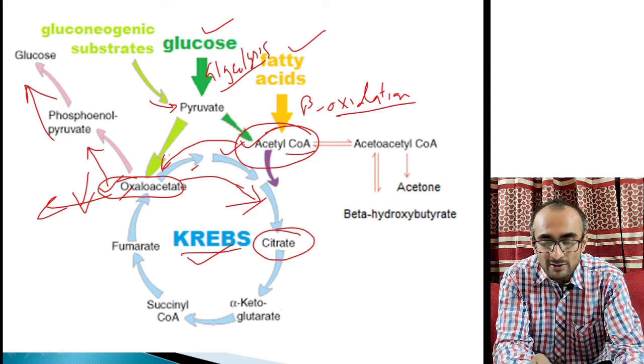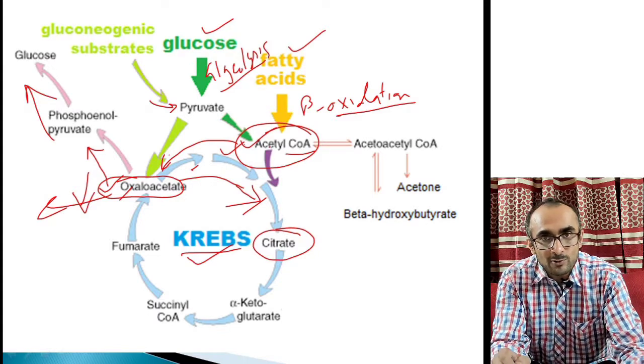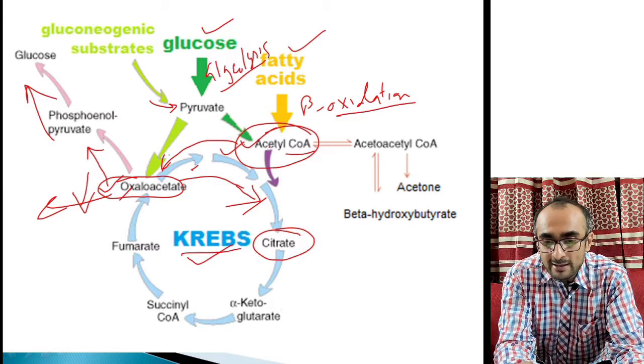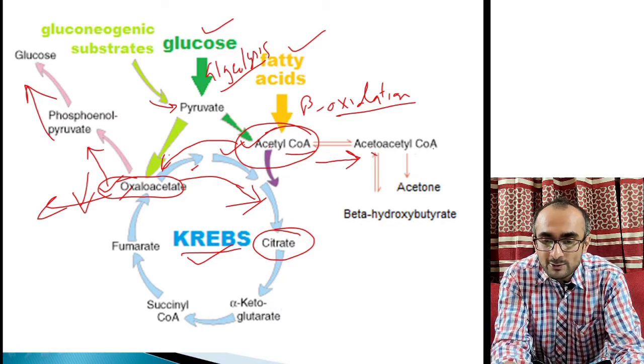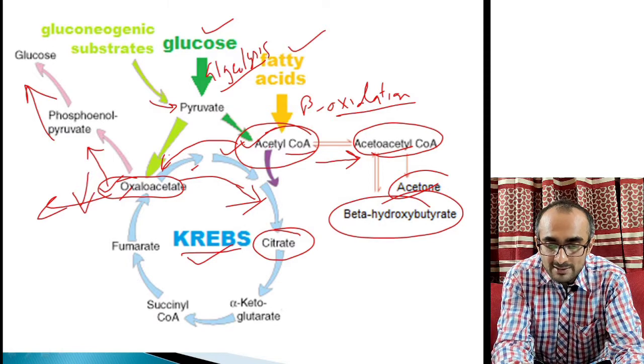So in that situation, accumulated acetyl-coenzyme A in the mitochondrial matrix of hepatocytes in the liver is used in synthesis of acetoacetyl-coenzyme A, acetone and beta-hydroxybutyrate. So these are ketone bodies, and this process is called ketogenesis.